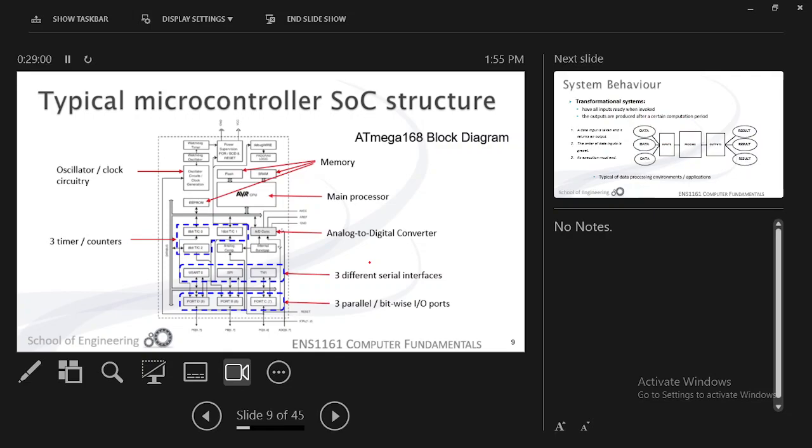Once it comes to these microcontrollers, we say SoC, and there are many varieties of SoC structures. I don't recommend you go through them if you are not really interested in electrical engineering. If you are focusing on software engineering, it's great that you just go through the software work, not so much this.